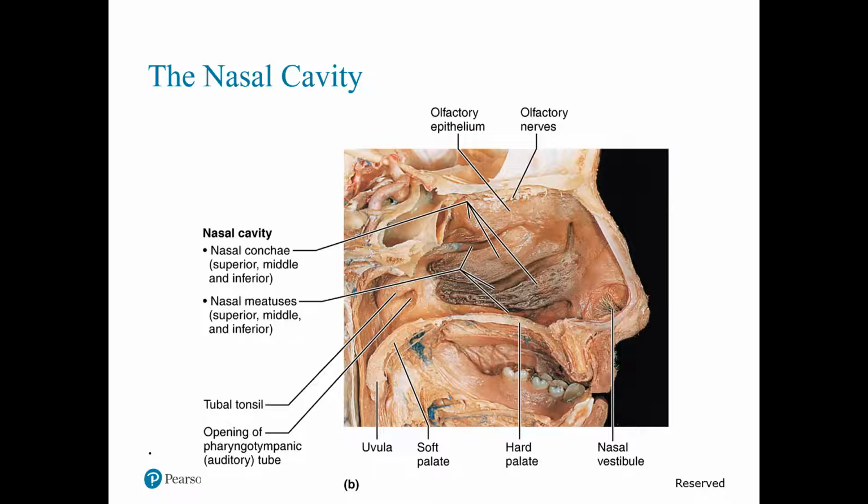Okay. That's the opening for that right there, and it goes straight into the middle ear to equalize the air pressure. It comes out behind the tympanic membrane and relieves the pressure in the middle ear, because the nose is open to the outside, and that tube allows the middle ear to equalize pressure.